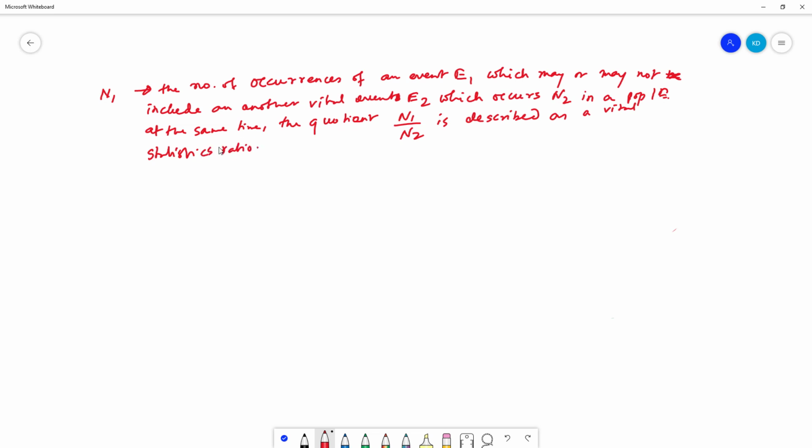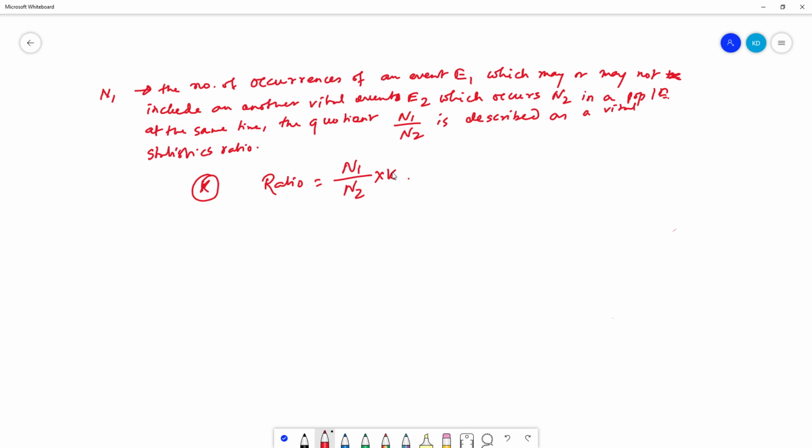Using the radix k, the ratio is expressed as N1 by N2 into k.